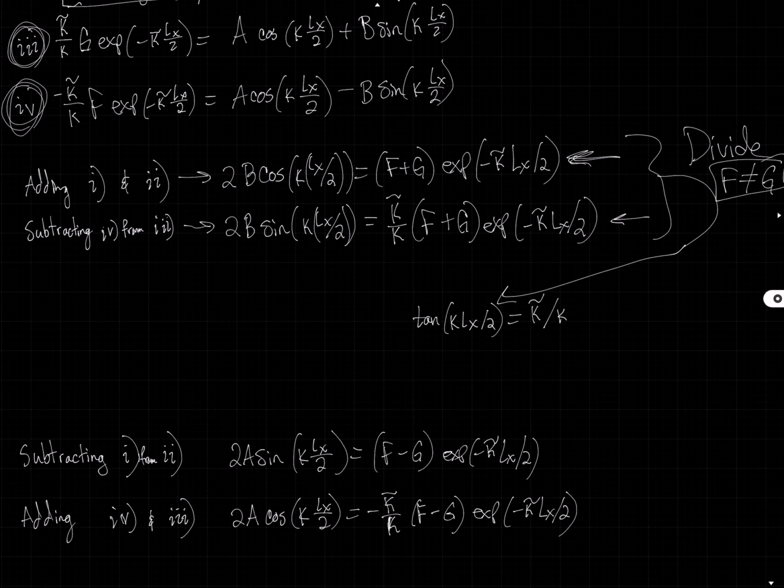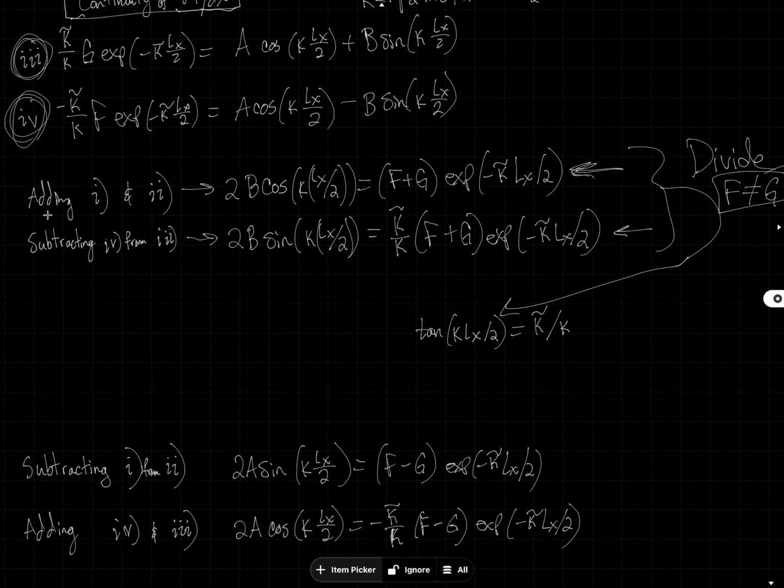And if you do something similar, but instead of adding and subtracting, you subtract and add respectively, you end up with these two equations. Instead of an f plus g, over here you have an f minus g, and rather than canceling out your sines, you cancel out your cosines, and you're only left with sines.